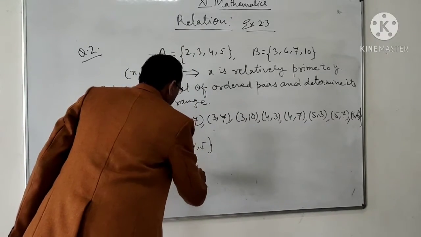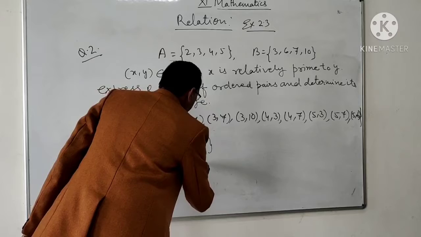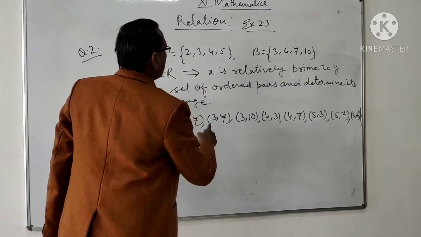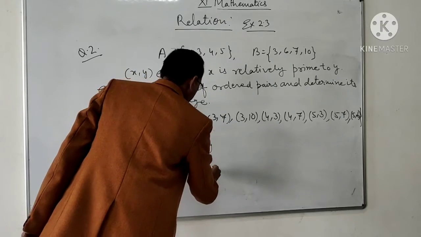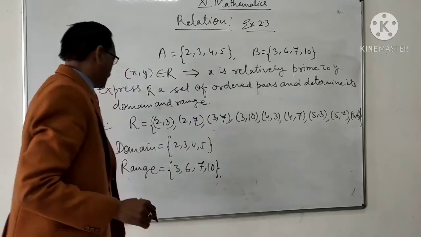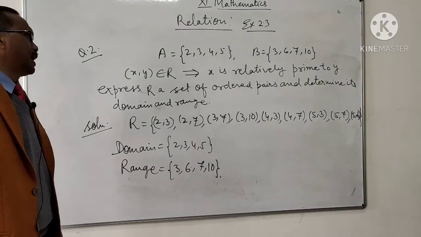So it is 3, 6, 7, 10 also. So range is 3, 6, 7, 10.